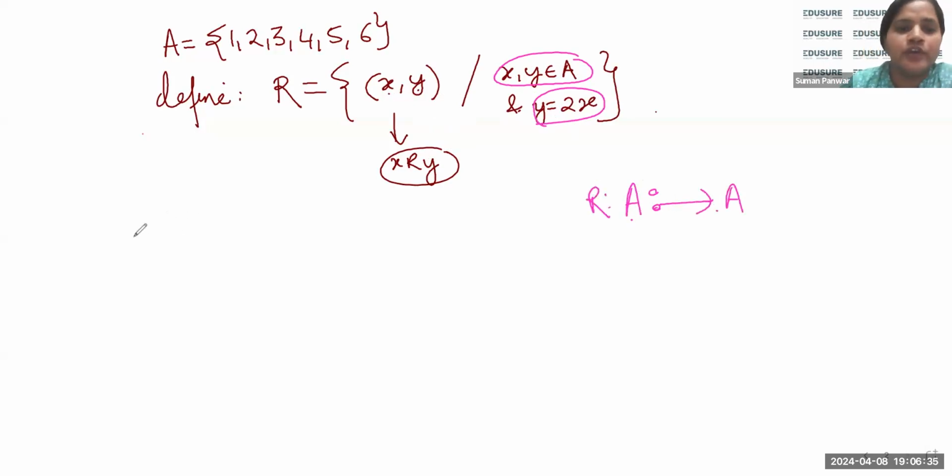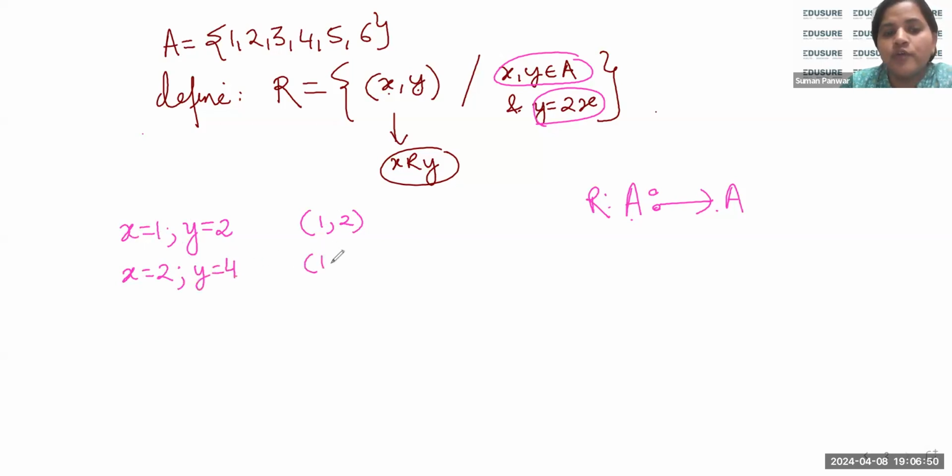So if you take x to be 1, your y will be equal to 2. So 1 is related to 2. If you take x equals 2, you will note that y equals 4. So 2 would be related to 4. If you take x equals 3, your y would be 6. So 3 would be related to 6. If you take x equals 4, your y would be 8.